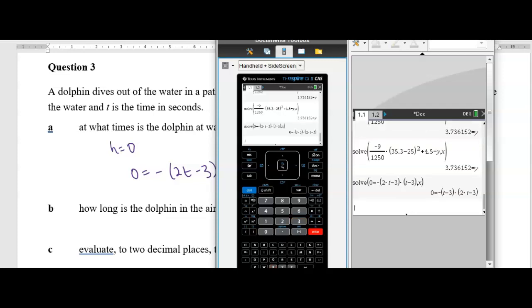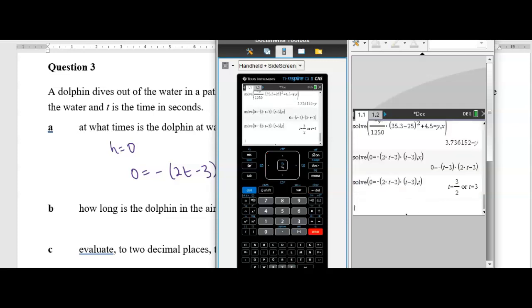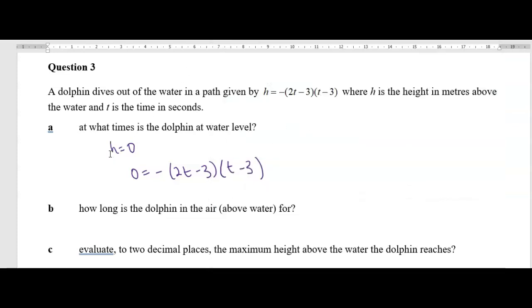What did I do wrong? Oh, silly me, t. Okay, t equals 3 on 2 or t equals 3. So 1.5 meters and 3 meters.